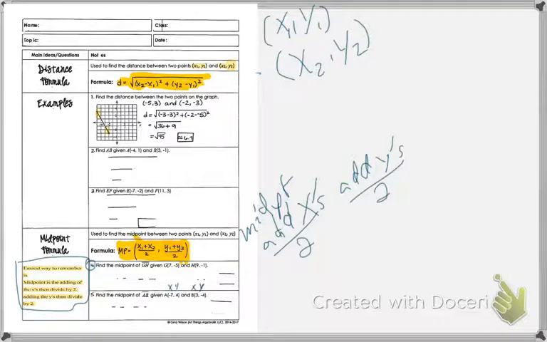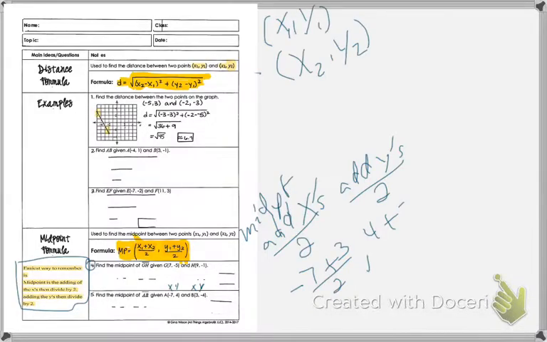So for number 5, -7 plus -3 divided by 2, and then the y is 4 plus -4 divided by 2.